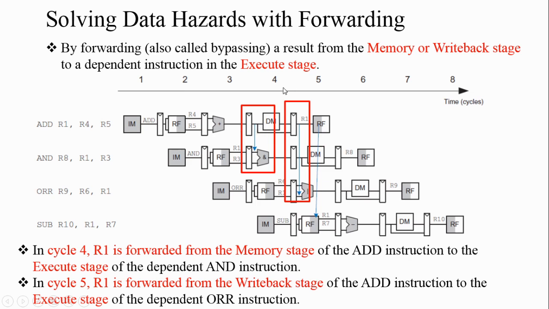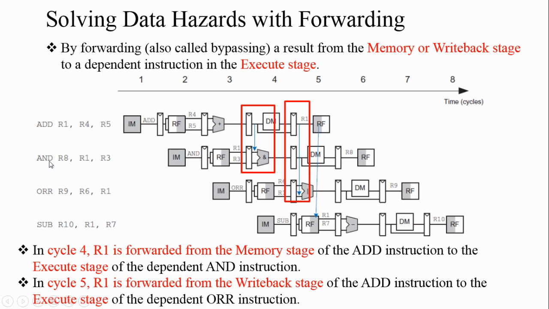So by using the forwarding technique, you can forward this result from the memory stage or the write back stage to the next instruction which requires it. No need of waiting till the end of the write back stage, right?